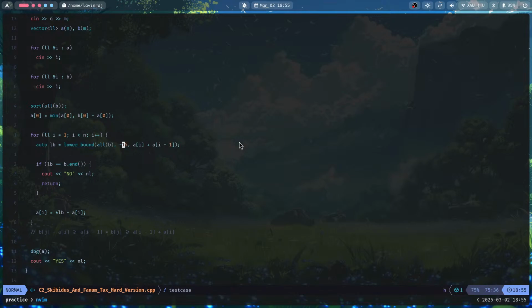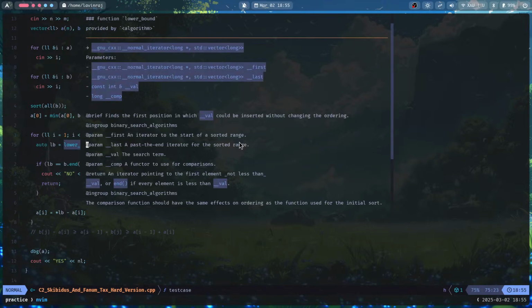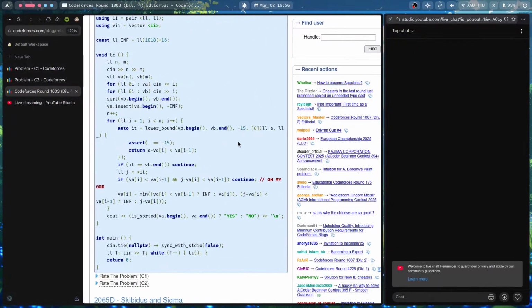Oh, no compilation errors. Let's see the definition of this lower bound. Okay, it finds the first position at which a value could be inserted without changing the ordering. Okay, binary search algorithm. First an iterator to the start, then the end, and the value to search, and the comparator function. Hey, wait a minute.